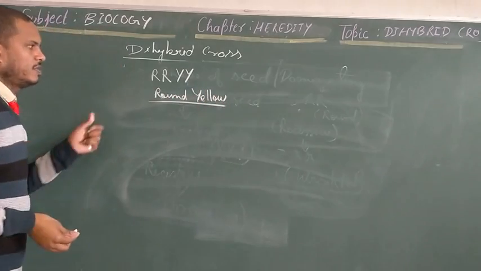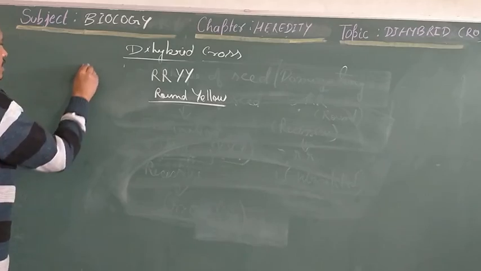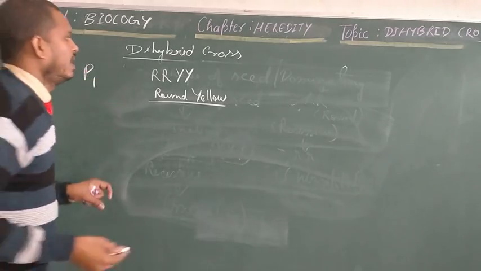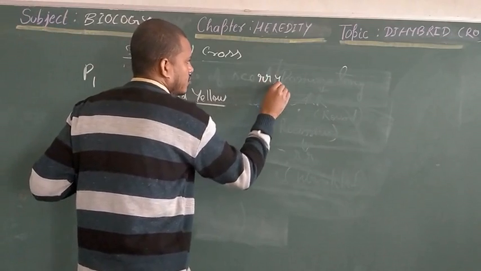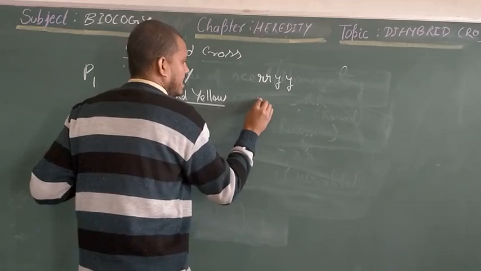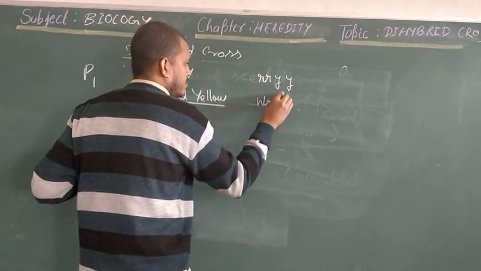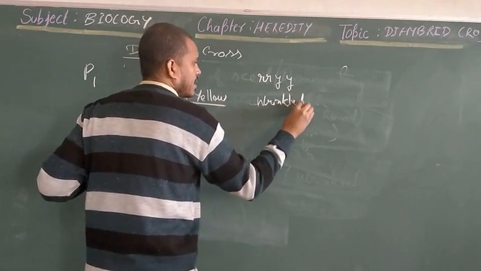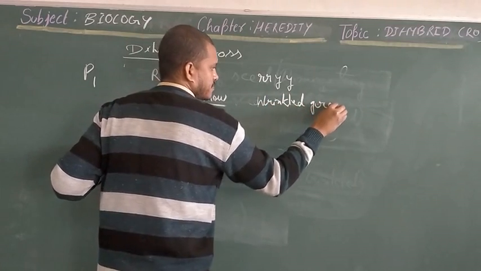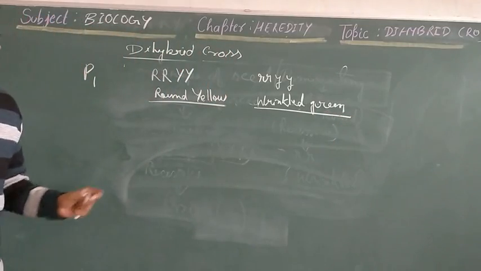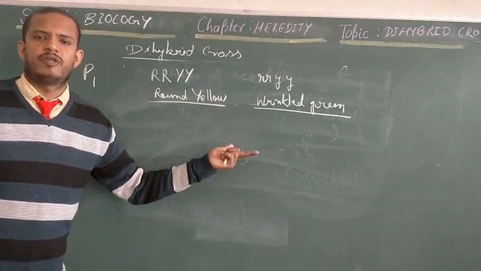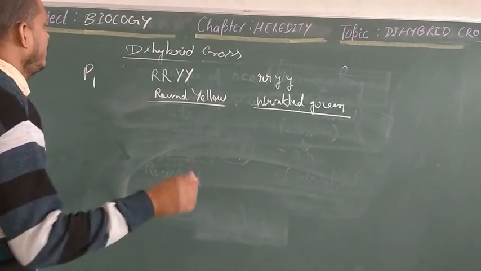The other is small r, small y, that is wrinkled green. This one is the recessive trait. Got it?